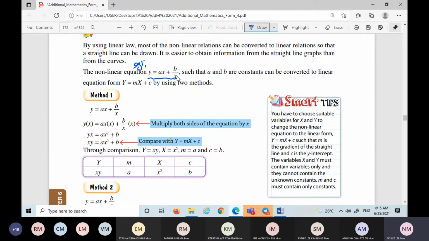Because you don't see numbers, you only see alphabets, you've got to know there is a difference between x, y and a, b. x, y are variables, meaning when x changes, y changes, or when y changes, x will follow the changes. But a, b are constants, meaning a, b are forever the same, no matter how x and y change. They are different.